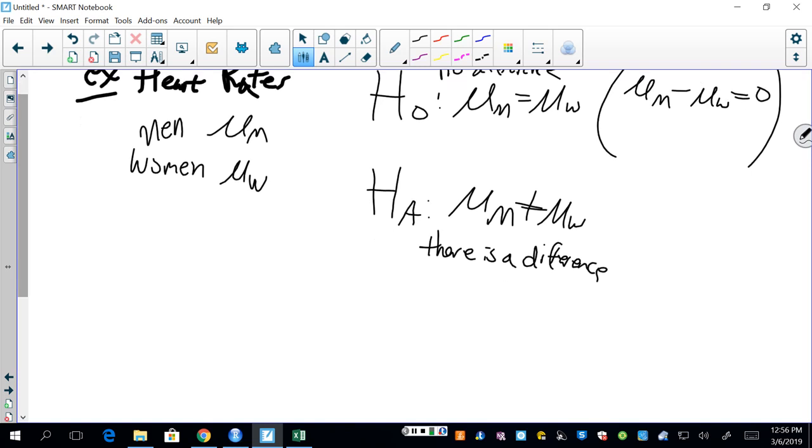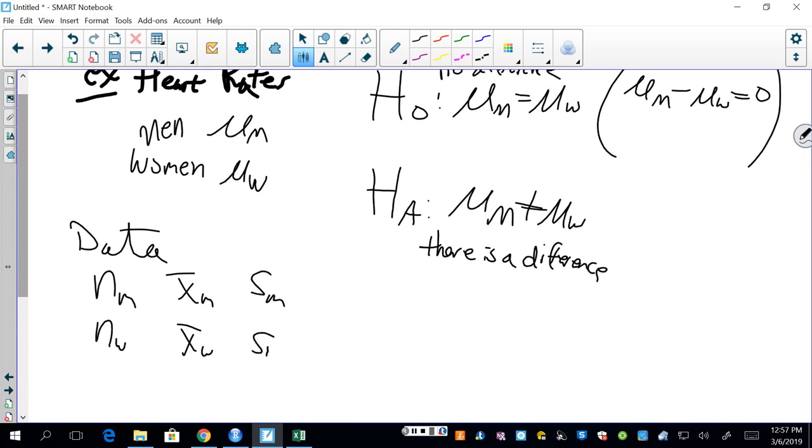So the data that we're going to have, we have a sample size for the men, a sample size for the women. We have an average for the men and an average for the women. We can also get standard deviations for these groups. We can get standard errors. So there's a lot of different summaries that we're going to do.